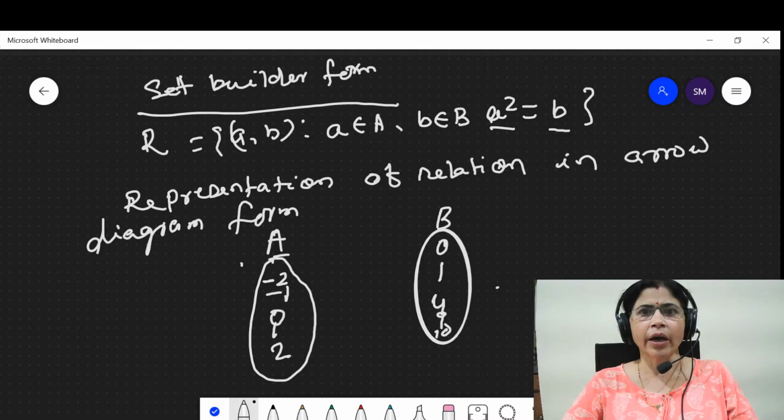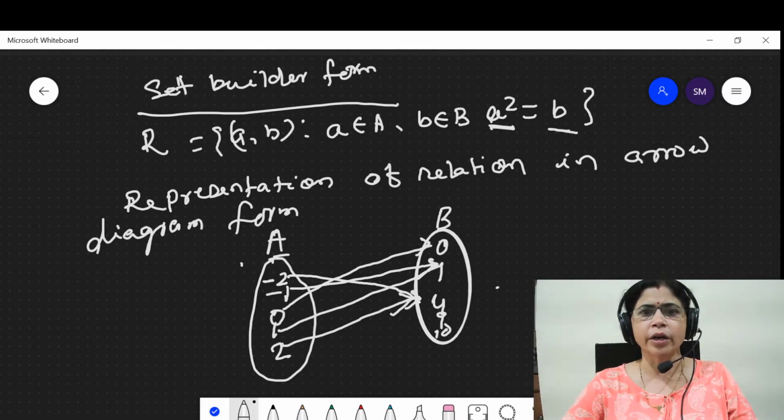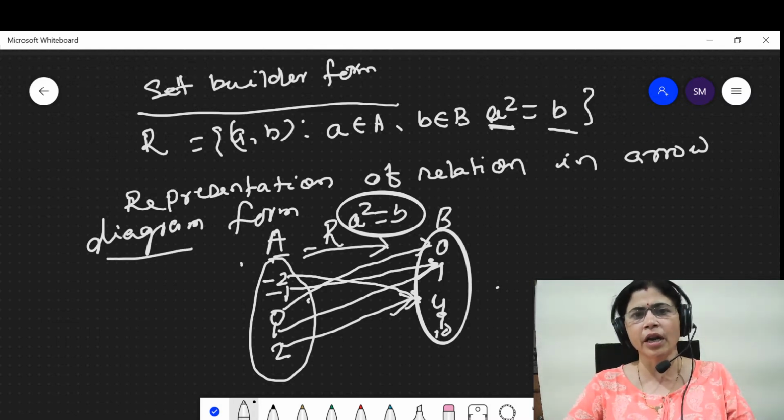Here a square is equal to b, means 0 is related to 0, -2 is related to 4, +2 is also related to 4, -1 is related to 1, and 1 is also related to 1. This is R, the relation from A to B such that a square is equal to b. This is the arrow diagram representation of the relation R.